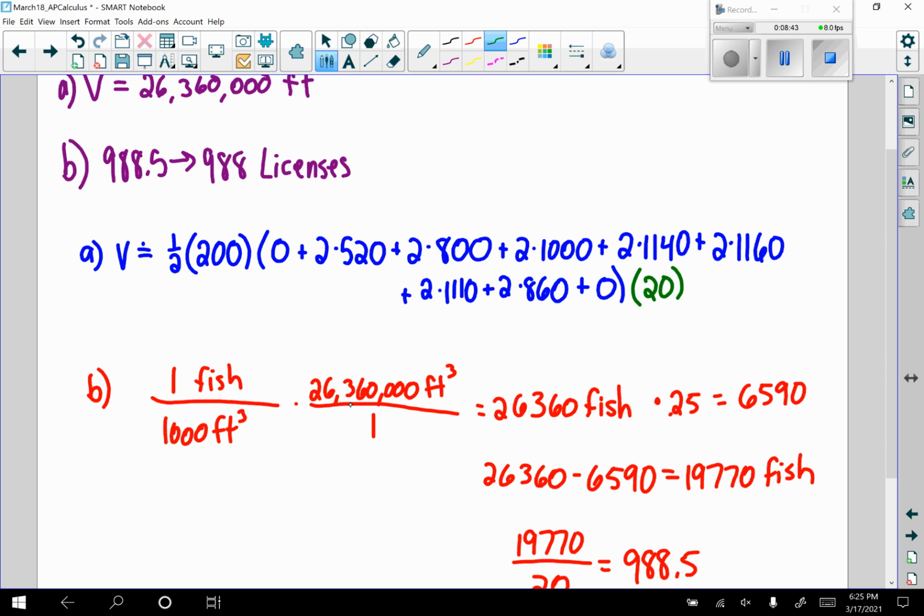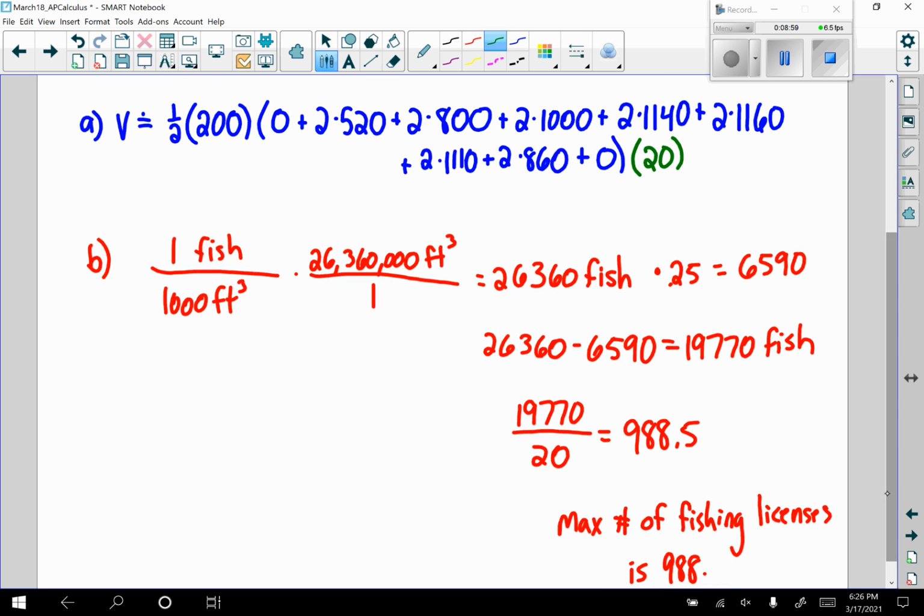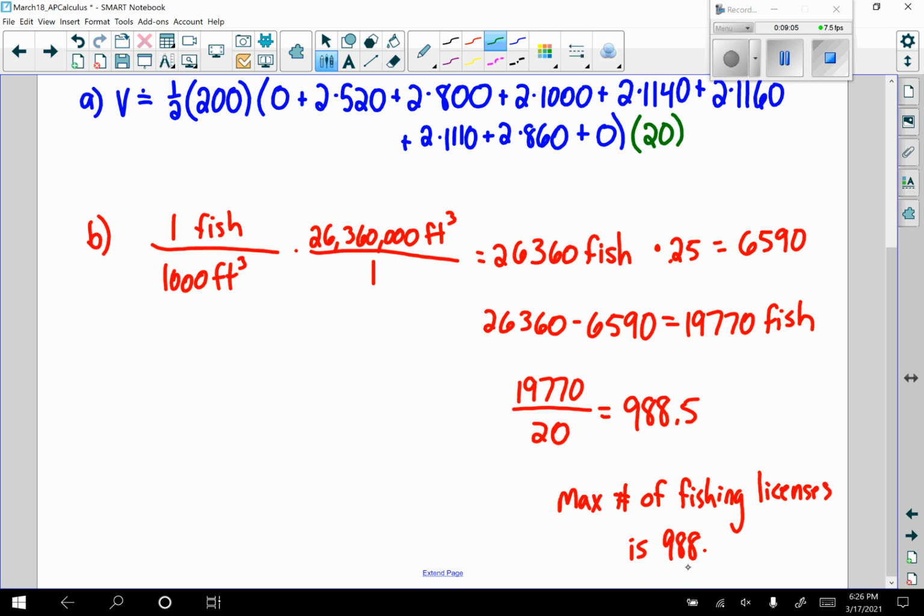So we multiply it by the volume, and then that just leaves us with 26,360 fish. And we're going to take 1/4 of that off, because that's how much we want to leave at the end. So that means during the season we'll have 19,770 fish, and then we divide that by the 20 fish per license, and this comes out to 988.5. So we could cut it off at 988. So the max number of fishing licenses is 988.